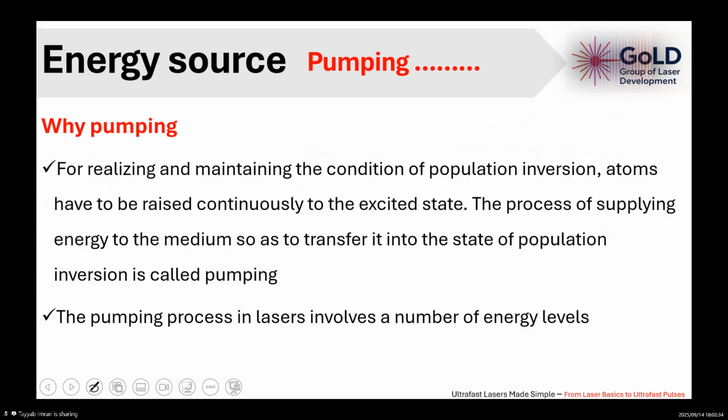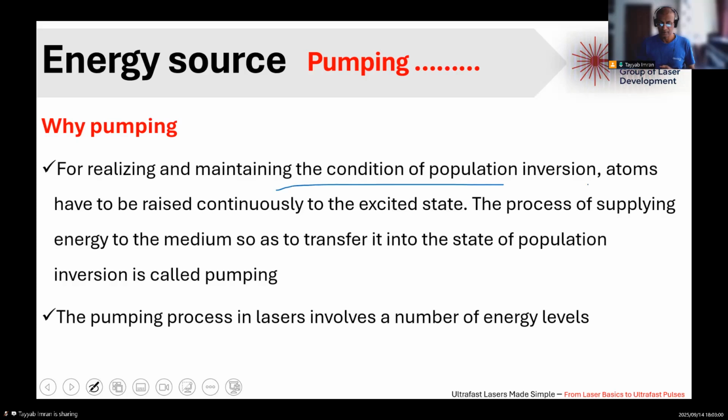Now pumping. Pumping is the source of energy to create a population inversion. There are different kinds of pumping methods: light pumping, electrical pumping, chemical reaction pumping, and many more.